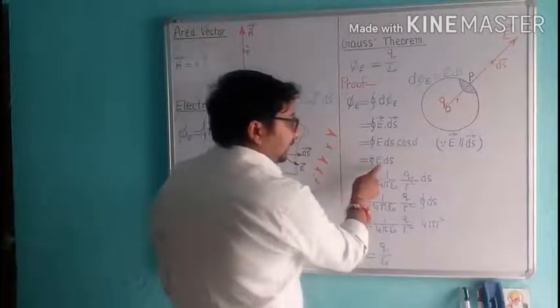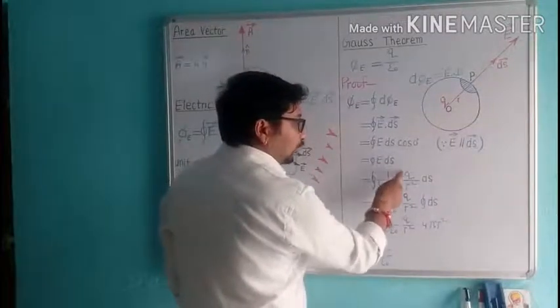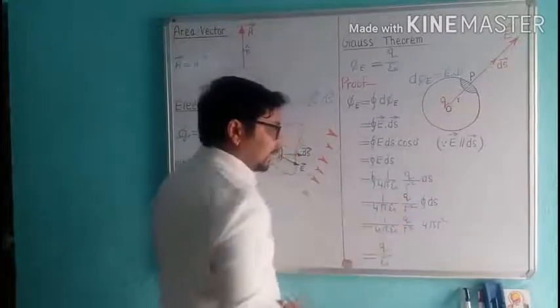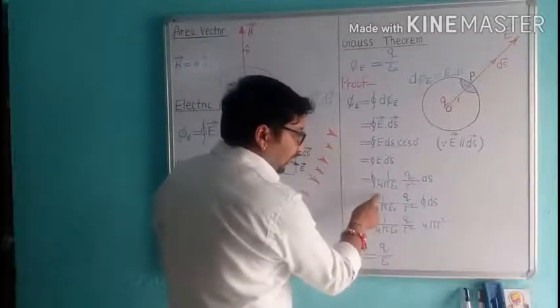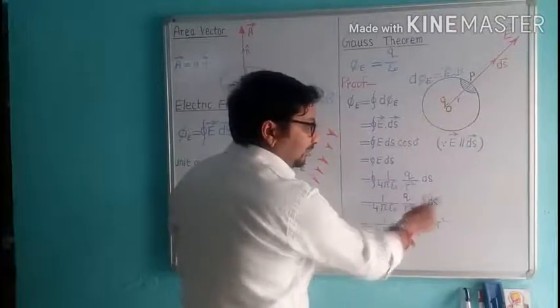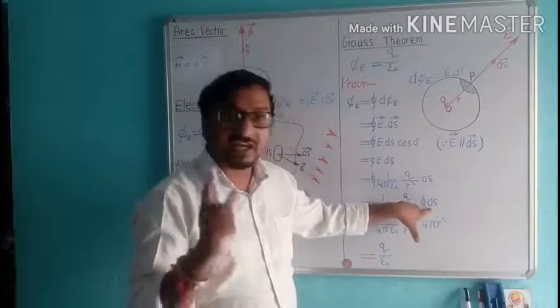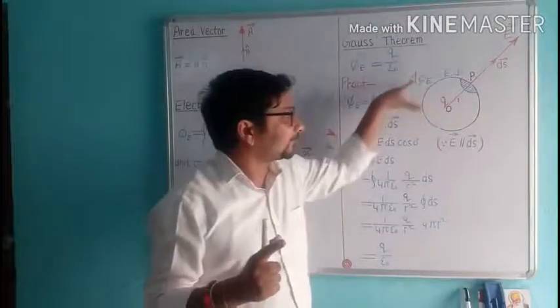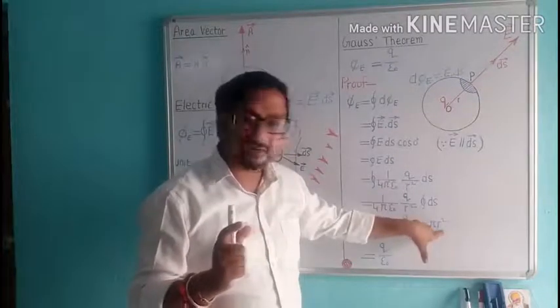Now, the value of E, using the formula, is 1 upon 4 pi epsilon naught q upon r square. Take the constant terms outside the integration. We have 1 upon 4 pi epsilon naught q upon r square times the closed integration of ds. Now ds is the area of the sphere, and we know the area of the sphere is 4 pi r square.